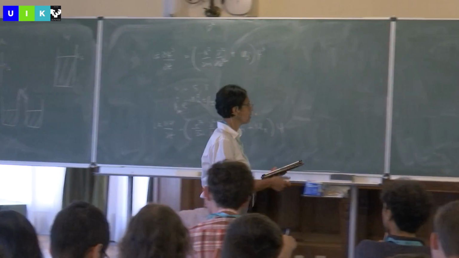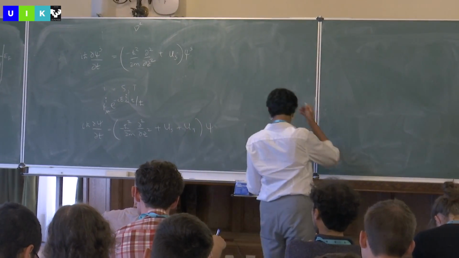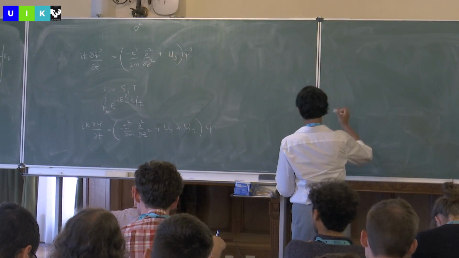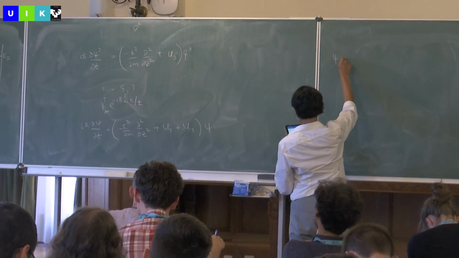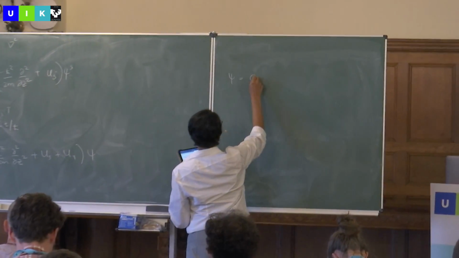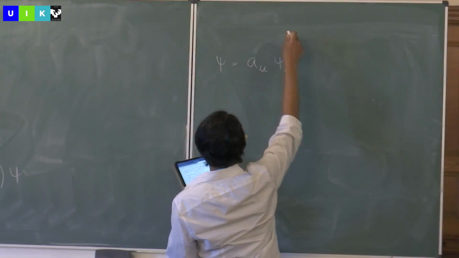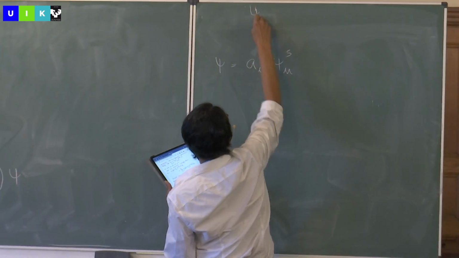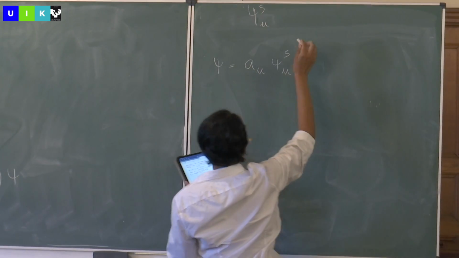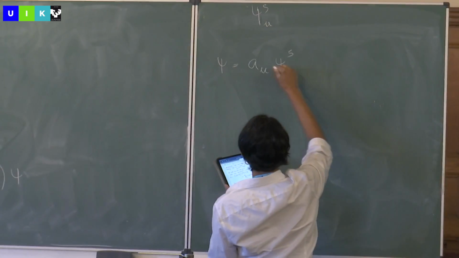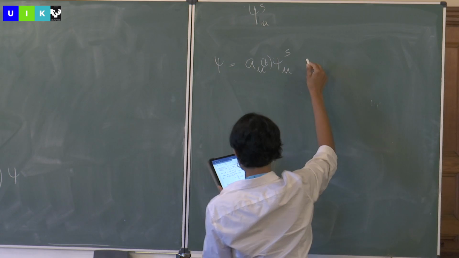Okay, so that's your ansatz for your new states. So you say that psi equals A mu. Remember, we're starting with an electron in state psi mu s. And then in the presence of this tip, this is time dependent.